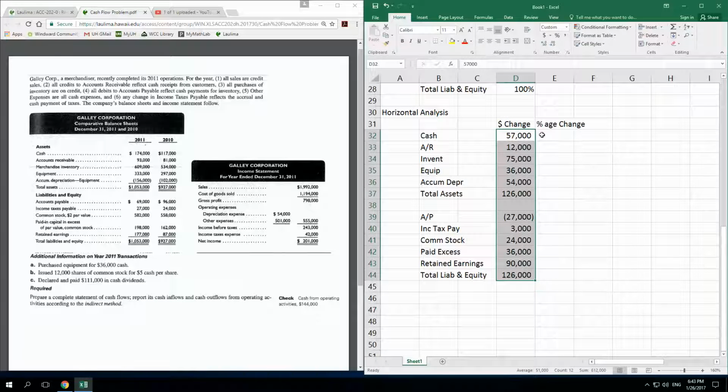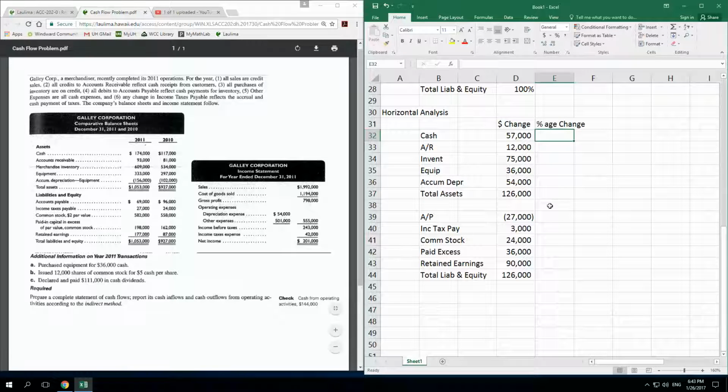So I'm going to take the dollar change and divide it by 2010's balance. Okay, so watch me. I'll take 57,000 and divide by 117,000. Okay, and we want to express it in percentage terms. Okay, so that's a 49% increase.